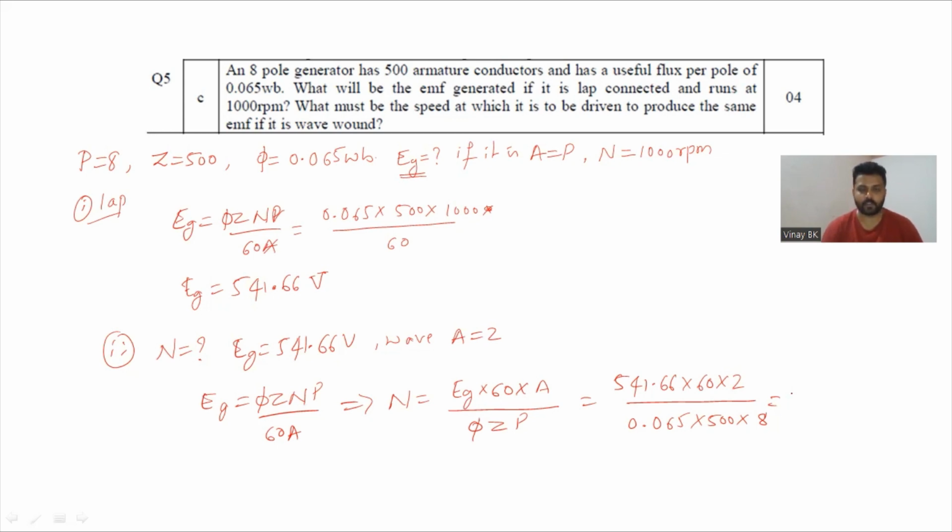You get 249.99 RPM, which is equivalent to 250 RPM. So this is the solution. For the first case it is 2 marks, for the second case it is 2 marks.